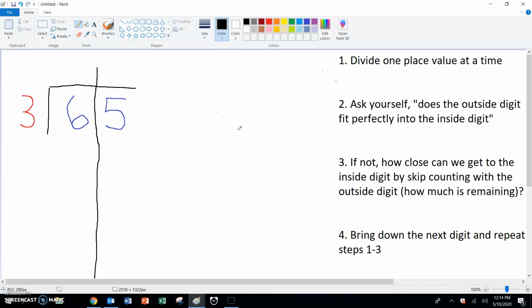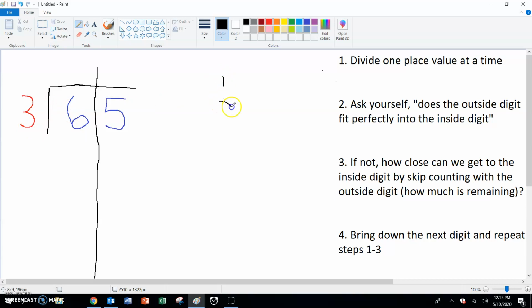Step 1. We divide one place value at a time. We start with the 6. And then we ask ourselves, does the outside digit, 3, fit perfectly into the inside digit, 6? We can find this out by skip counting with 3 and seeing if we can get to 6.